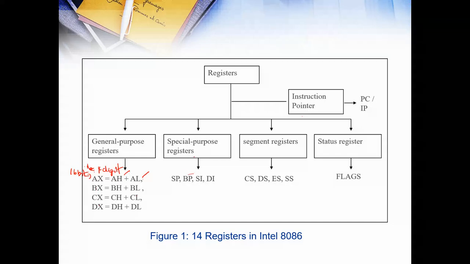Then we have the special purpose registers, also known as pointer and index registers.